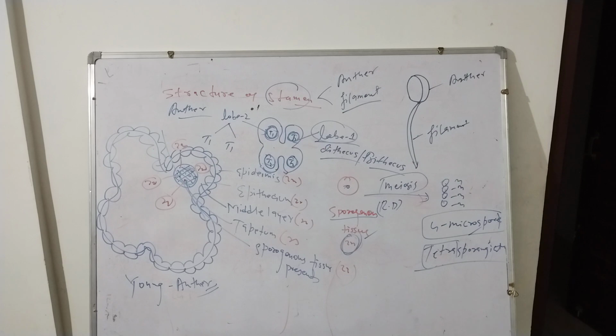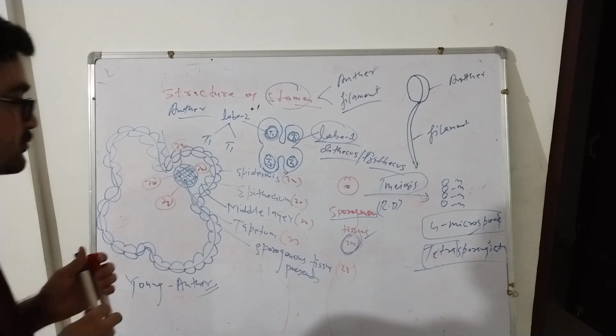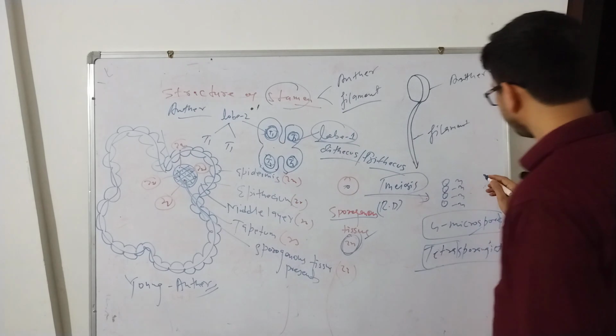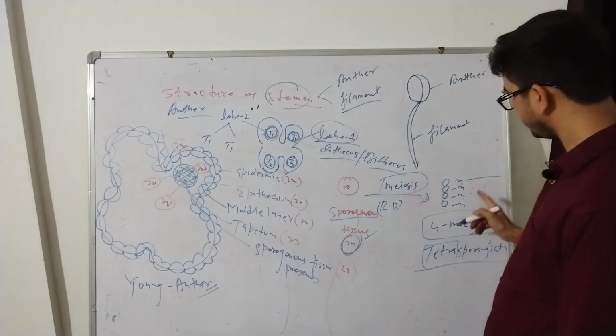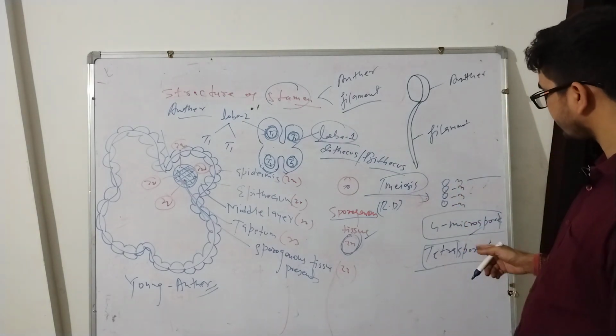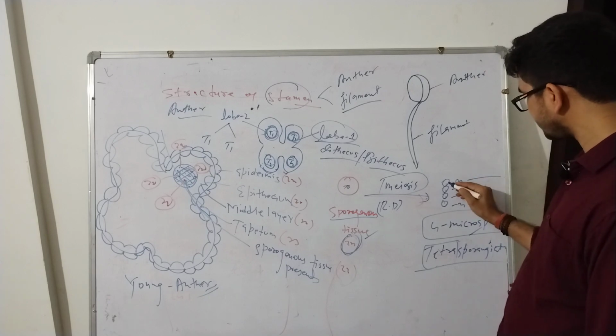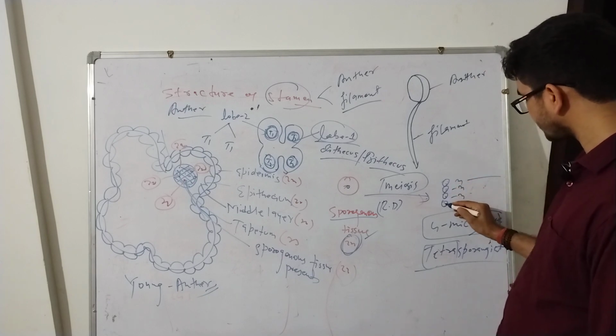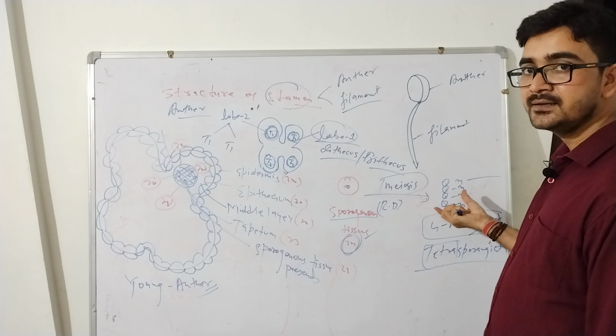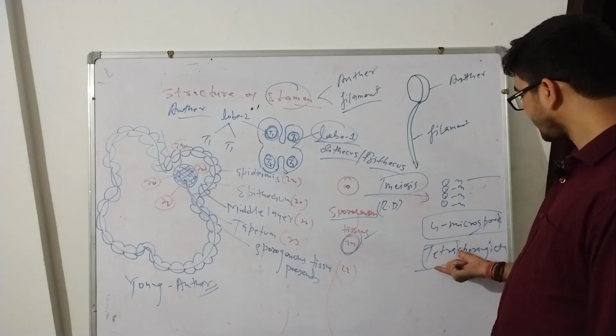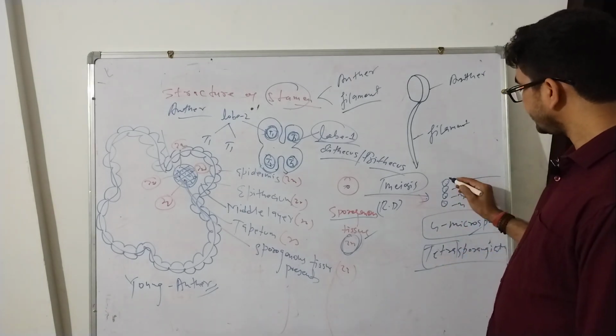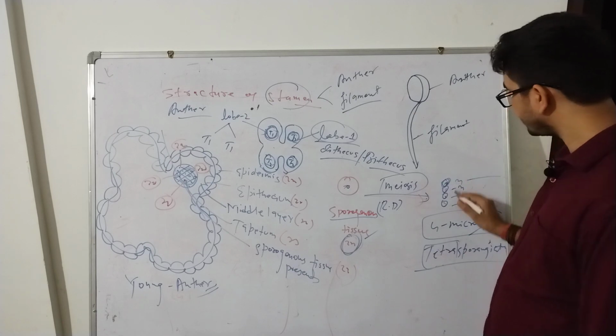After the sporogenous tissue forms the tetrad of microspores, each haploid microspore goes on to produce pollen. In each microspore, together we can say that is 4 microspores, tetrasporangiate, and each one is haploid.